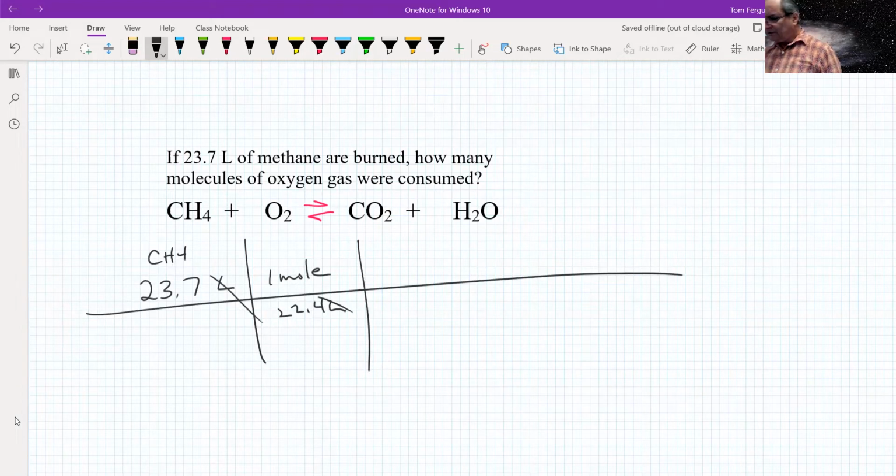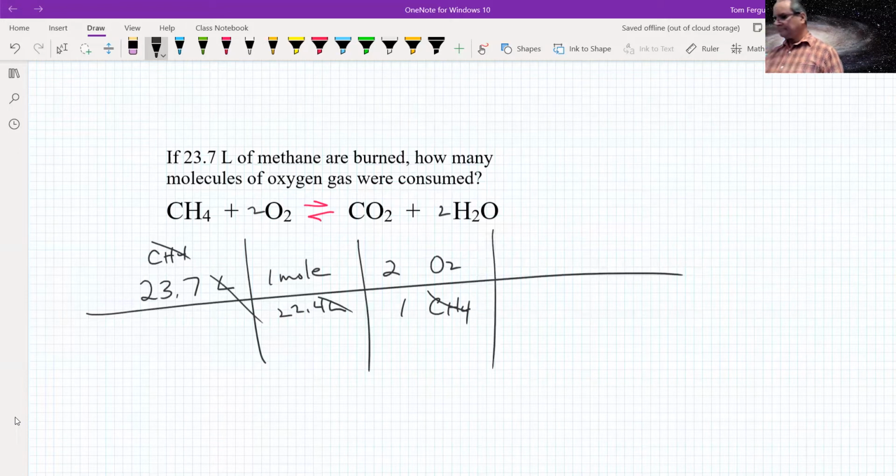Next step, from the balanced equation, we put CH4 on the bottom, so it cancels, and we're trying to calculate oxygen gas on top. Well, we want to go to number of molecules. That's Avogadro's number.